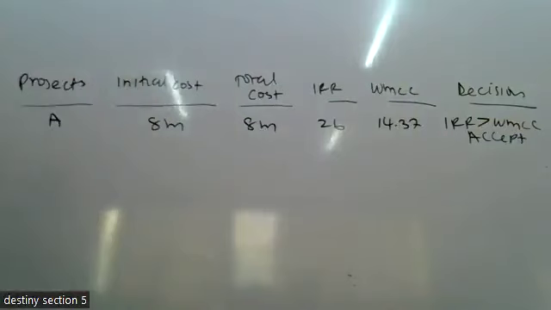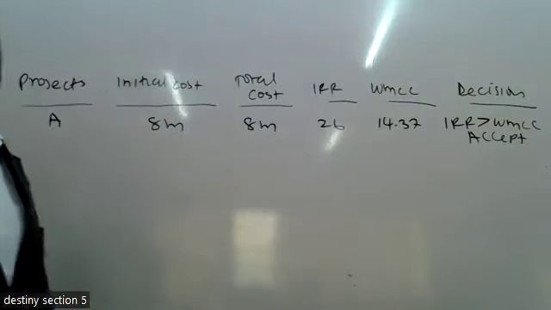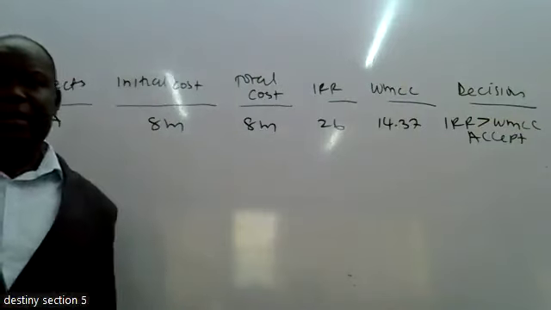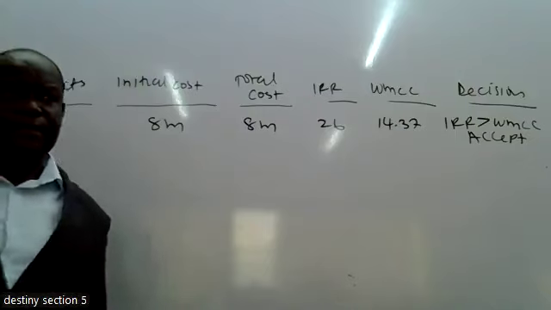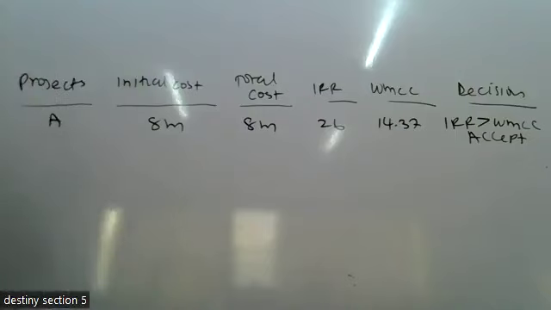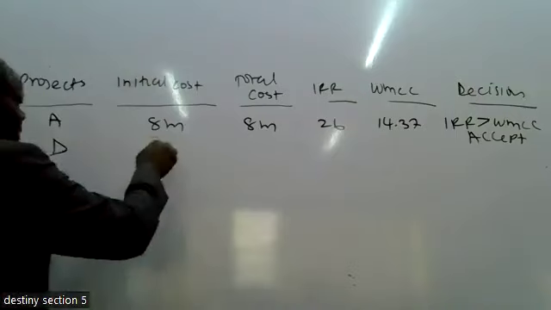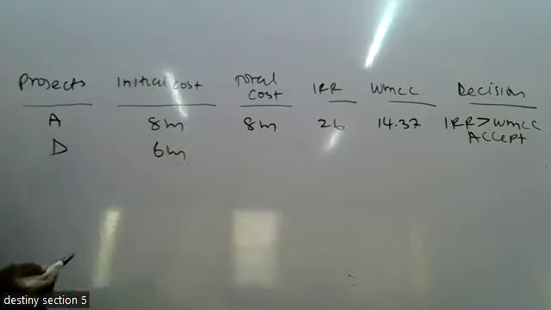We go to the next round. The next round will be which project? Yes, project D is the next. So the initial cost for project D is how much? So cumulative will give us which?